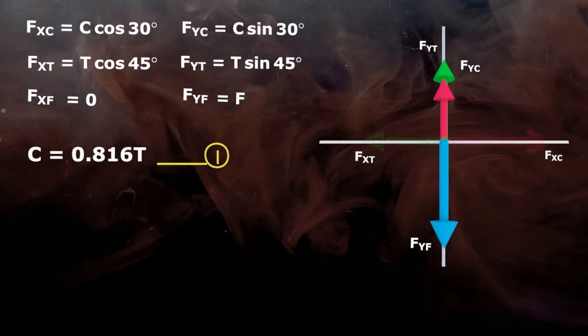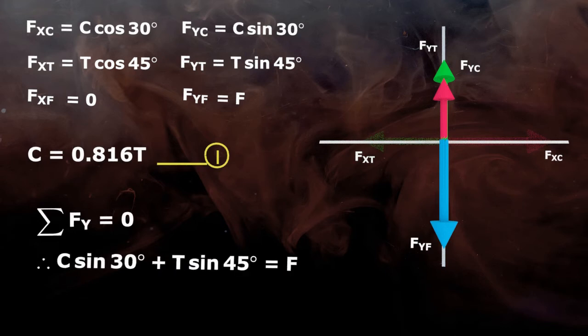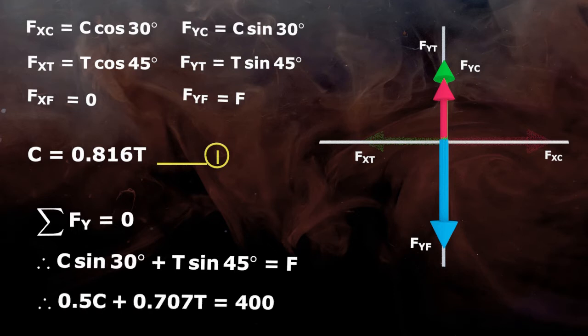Similarly, the summation of all vertical components is equal to 0. So, C sin 30 plus T sin 45 minus F is equal to 0. Here, F is collinear to Fyc and Fyt but in opposite direction. By putting values of sin 30 and sin 45 and F equal to 400, we get this equation.